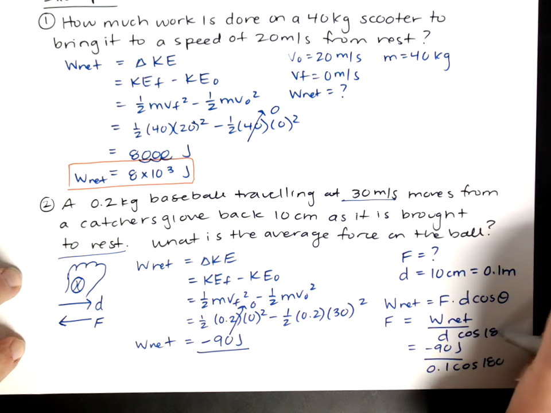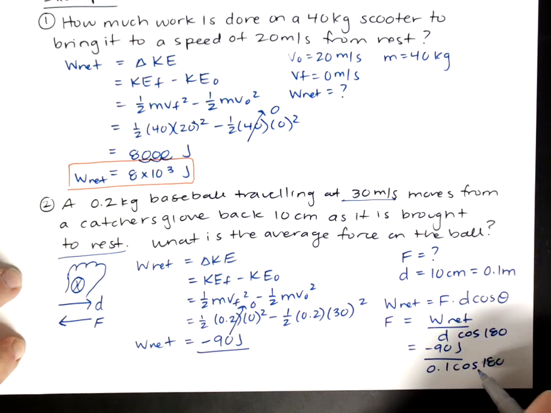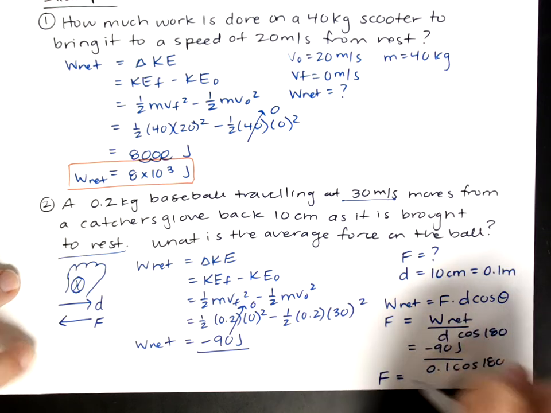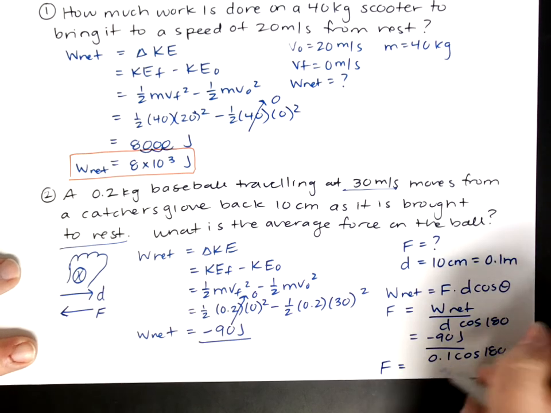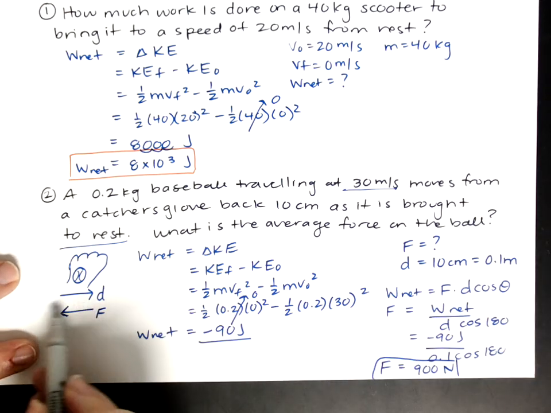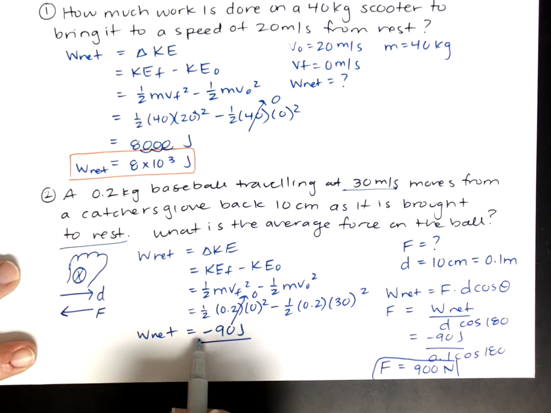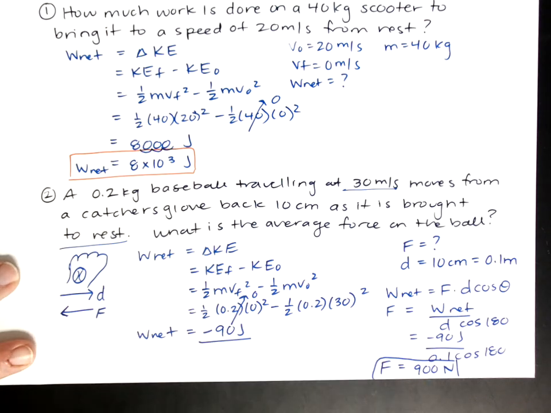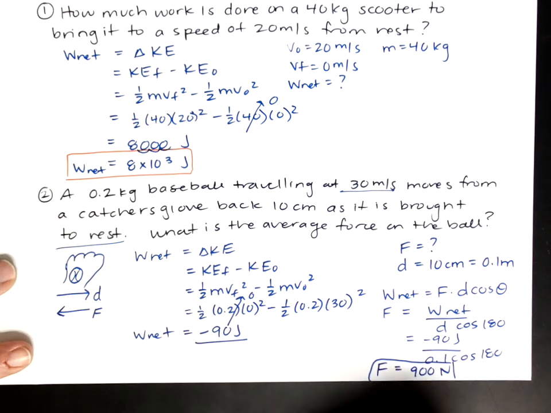And the cosine of 180 is just negative 1. So that leaves us with a positive force, which is what we want. So we end up coming up with a force of 900 newtons. And we're already taking care of the negative by showing that our net work is negative, so we don't want to have two negatives. So our overall force is 900 newtons.